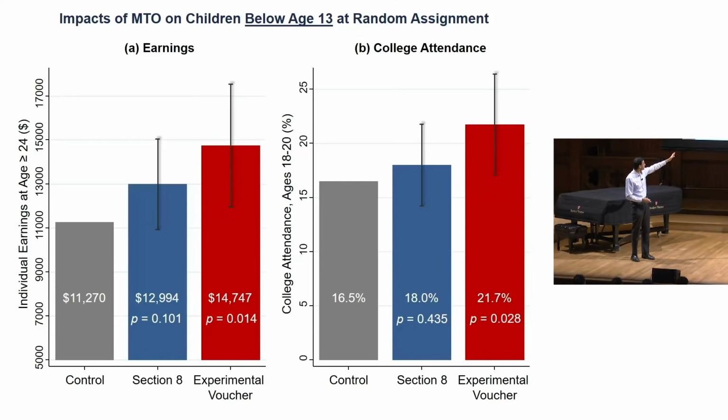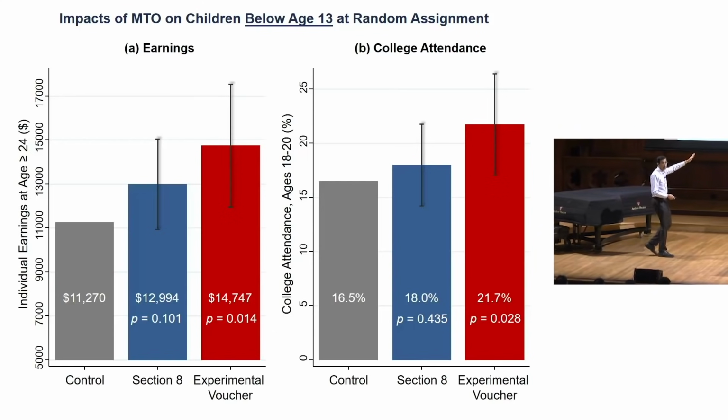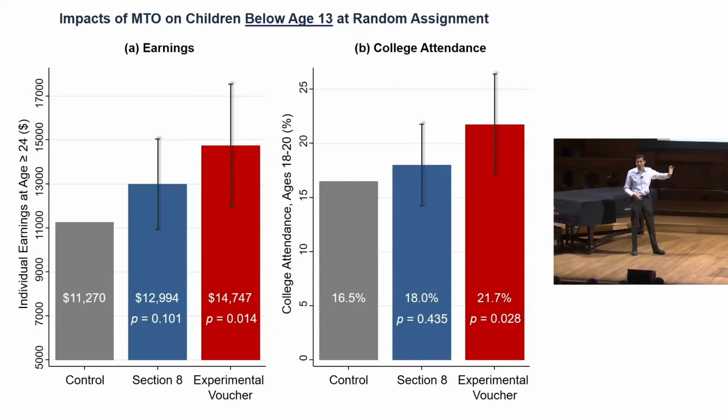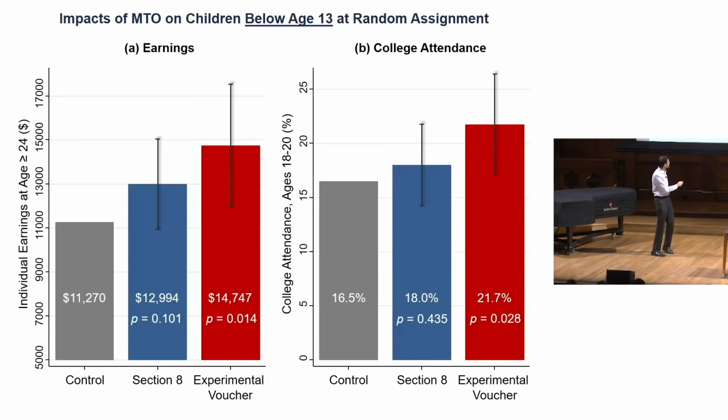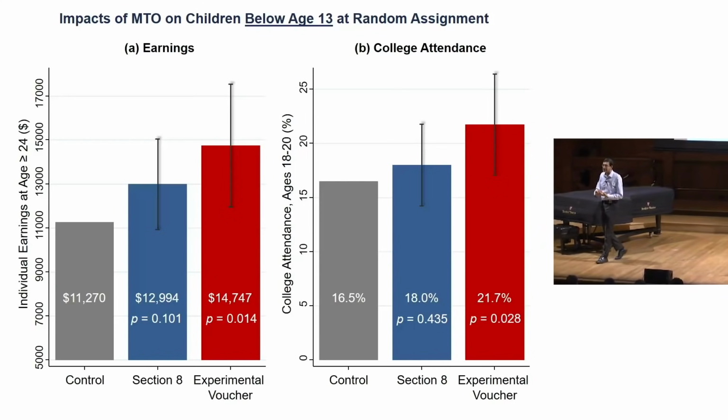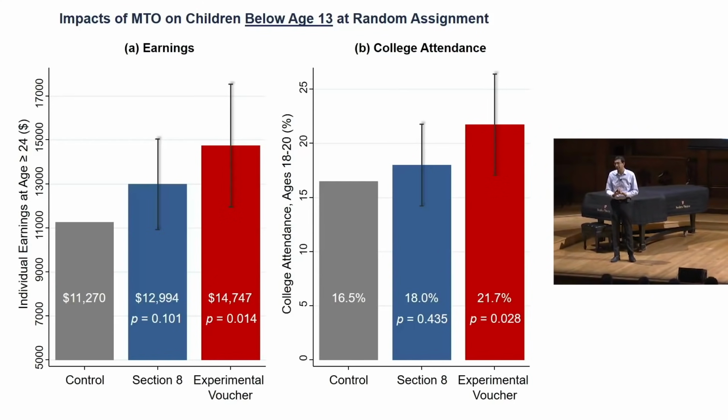So what you can see here is that there's a very clear difference in the earnings in adulthood for the kids who, through pure chance, got assigned to the experimental group relative to the Section 8 group, relative to the control group. These p-values that you see here are just a way of saying what is the chance that these differences occur just purely due to random variation as opposed to a real difference in the effects.